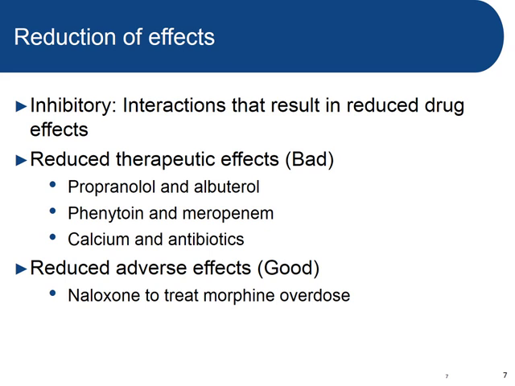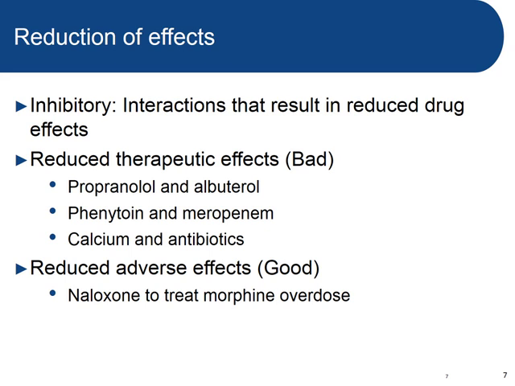And then reduced adverse effects. So again, I think if we say adverse effects go down, then that's going to be a good thing. A great example of where we purposefully give drugs together to reduce adverse effects is when we use naloxone, or Narcan, to treat morphine overdose.